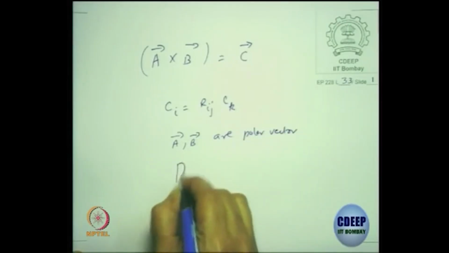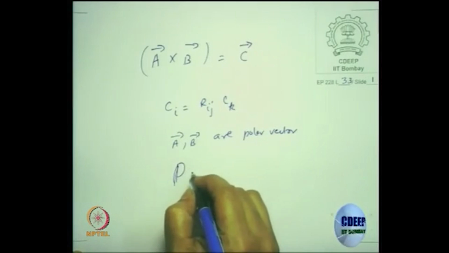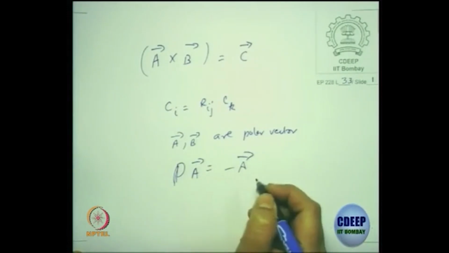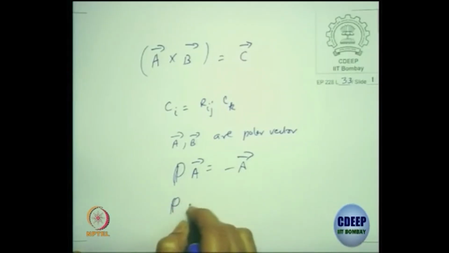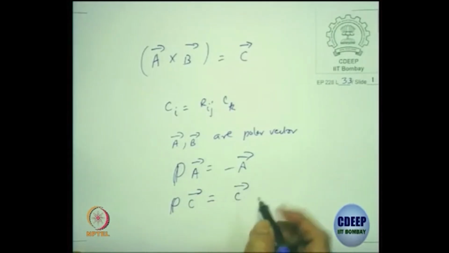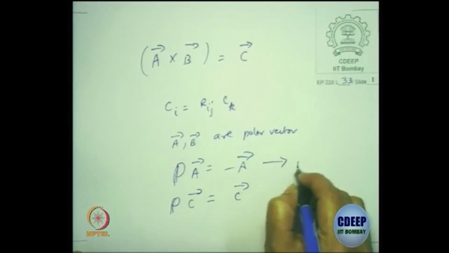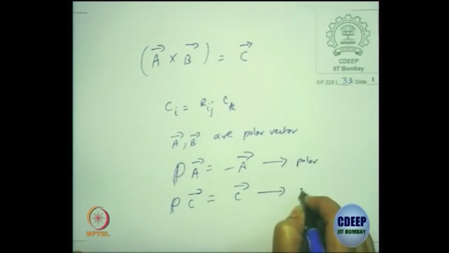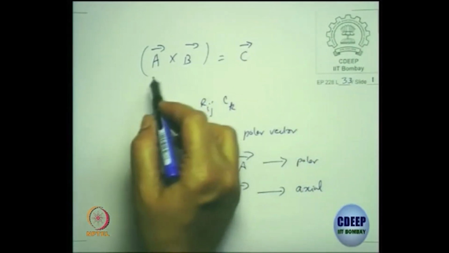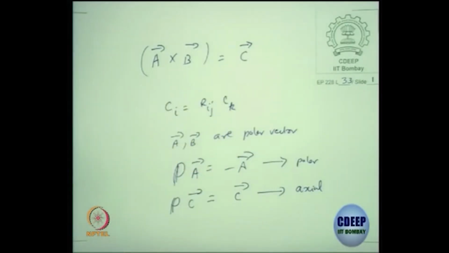Under parity, A will give you minus A, but parity on C will be C itself. It doesn't change sign. So this is why this is called polar, and this is called axial. And C as well as A or B, how it transforms under rotation is exactly the way the position components transform. There is no difference.